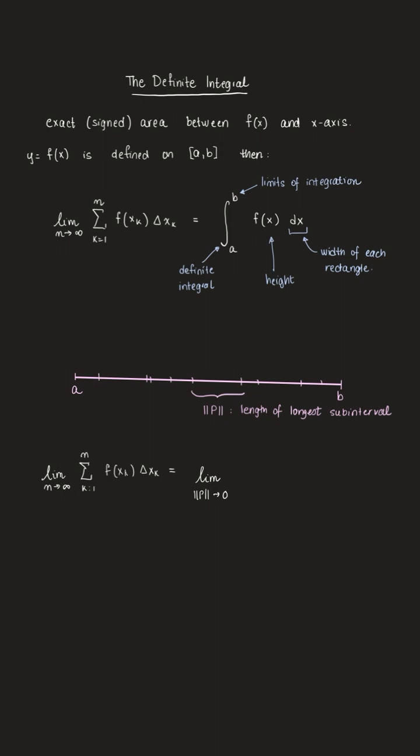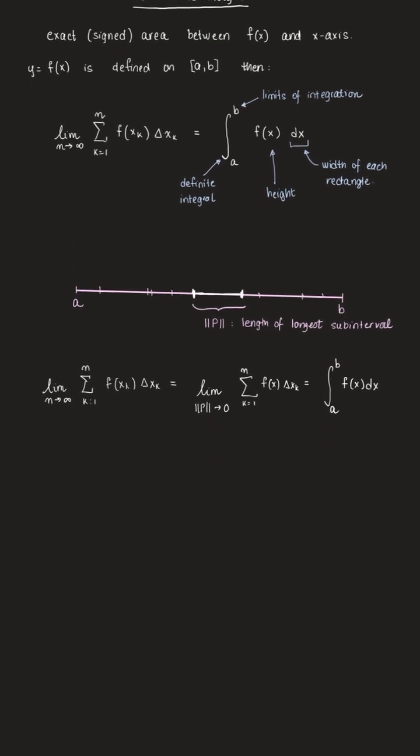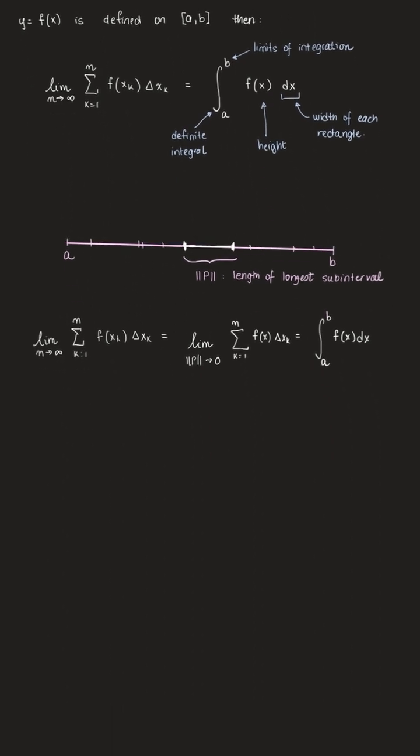When the longest subinterval approaches 0, the lengths of all the shorter ones will also get close to 0. So we might also write the definite integral as the limit of the Riemann sum when the norm of the partition approaches 0. You could also see it written this way. And this is still our definite integral from a to b of f of x dx, remembering that this means the exact area between our function and the x-axis between a and b.